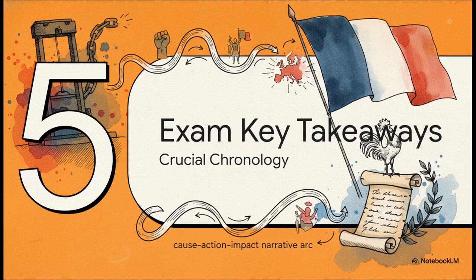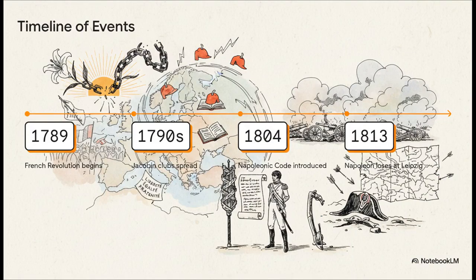Finally, Section 5, Board Exam Key Takeaways, the Exam Cracker's Chronology. To truly master this chapter and guarantee those marks, you've got to firmly map out the cause and effect narrative in your mind. So here is your ultimate exam cracker's chronology. We start in 1789, the French Revolution kicks off, and sovereignty is officially transferred to the people.